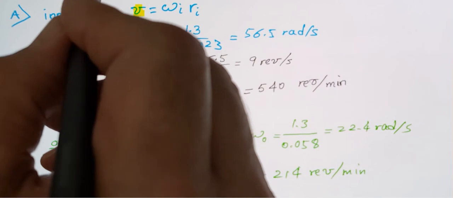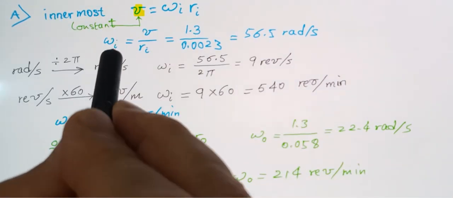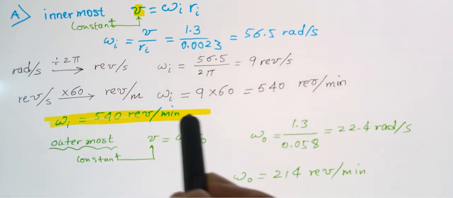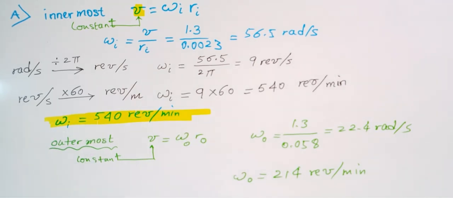So we have two pieces of information now. For the inner circle, it is 450 revolution per minute. For the outer circle, it is 214 revolution per minute.